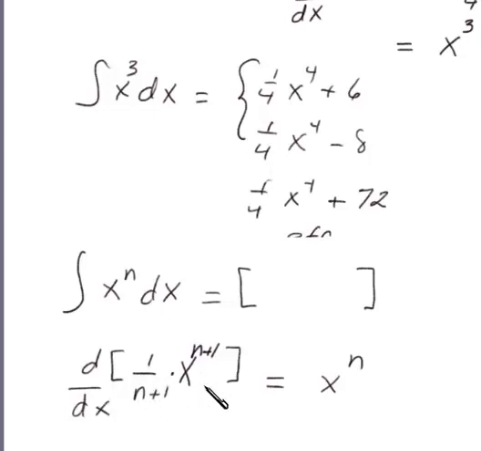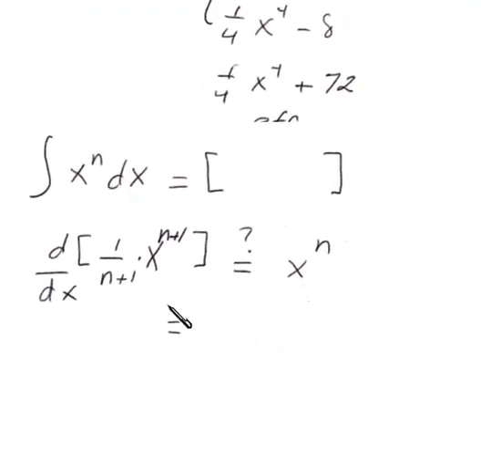Well, then when I take the derivative, we're hopeful here that that's how this is going to work out, but what do I get? I get the 1 over n plus 1. Now differentiate x to the n plus 1, so you get an n plus 1, and then reduce the exponent by 1, x to the n, and these cancel out, and I'm left with x to the n.